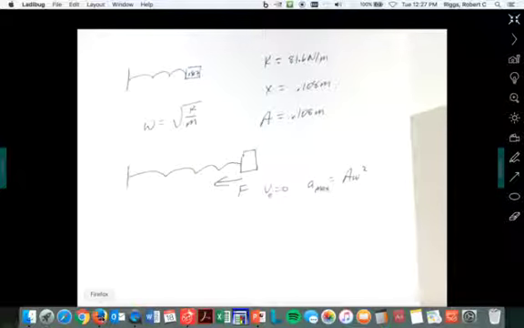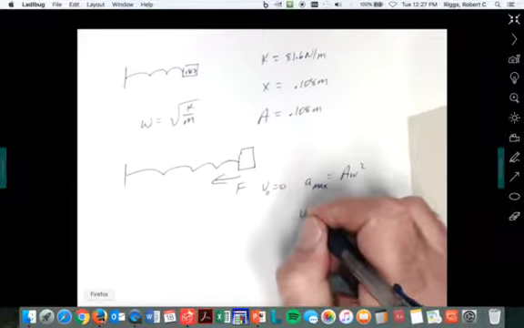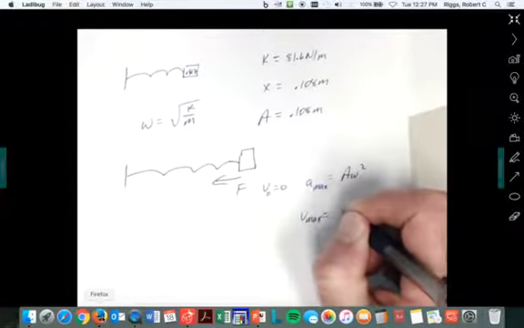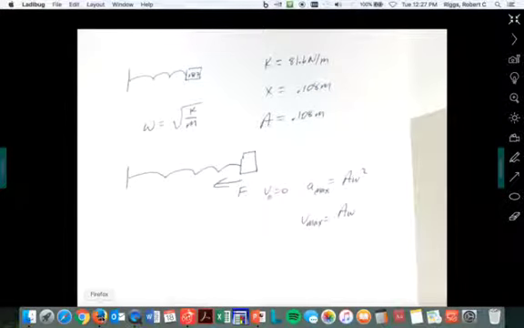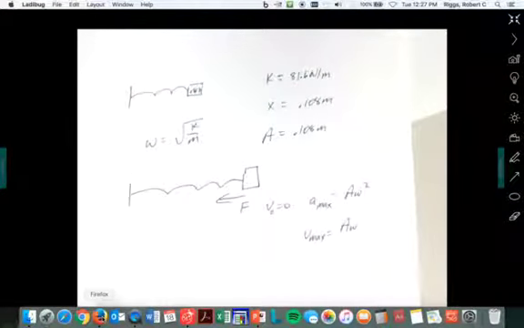We've got A and we've got that. And v max will equal A times omega, with the square root of k over m again. That gives you the framework for that problem.